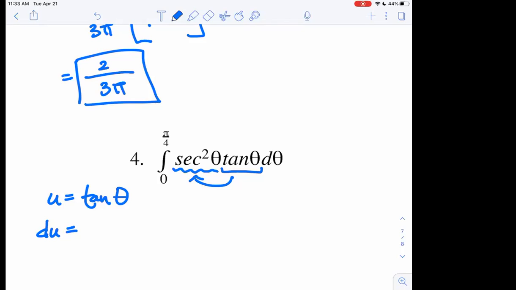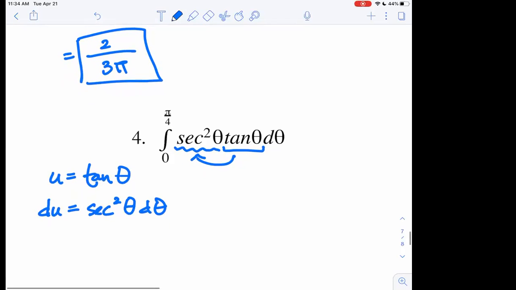When we find our du, we will get secant squared theta d theta. That works out super nice because secant squared d theta is the same as secant squared theta d theta. And our u is right in the middle, so we've got everything taken care of.